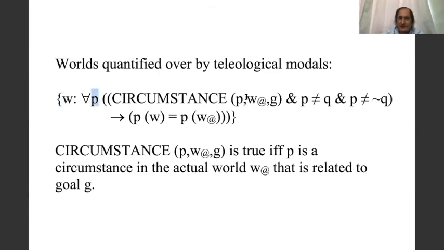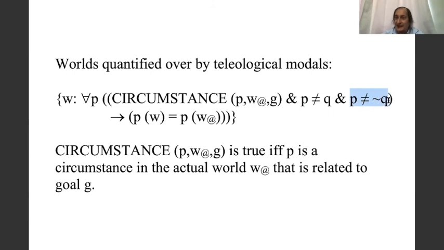Every P, where P is a circumstance in the actual world relevant for achieving a goal G, where P is not Q, Q is, in our case, John takes the Shinkansen.